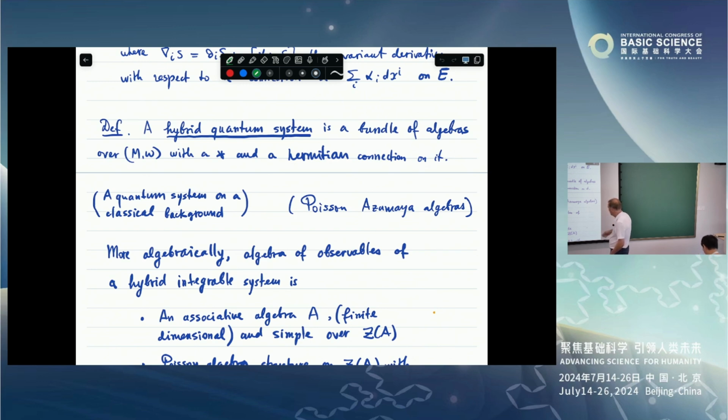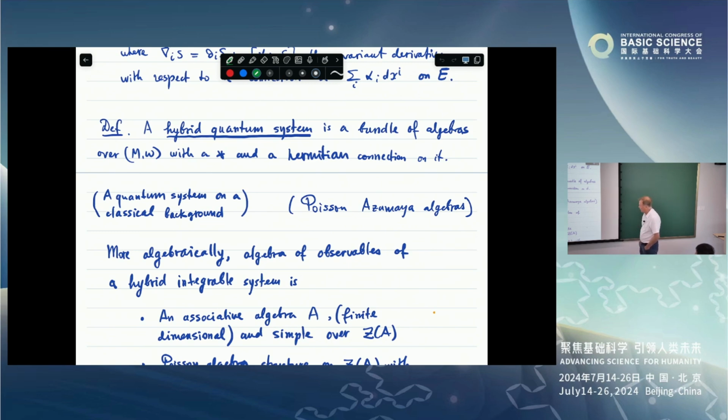Mathematically, these are Poisson-Azumaya algebras. Azumaya algebras are well known in algebra. These are algebras that are finite dimensional over the center. What we add is the Poisson structure. Poisson-Azumaya algebras are also well known, say quantum groups in the De Concini-Kac sense.